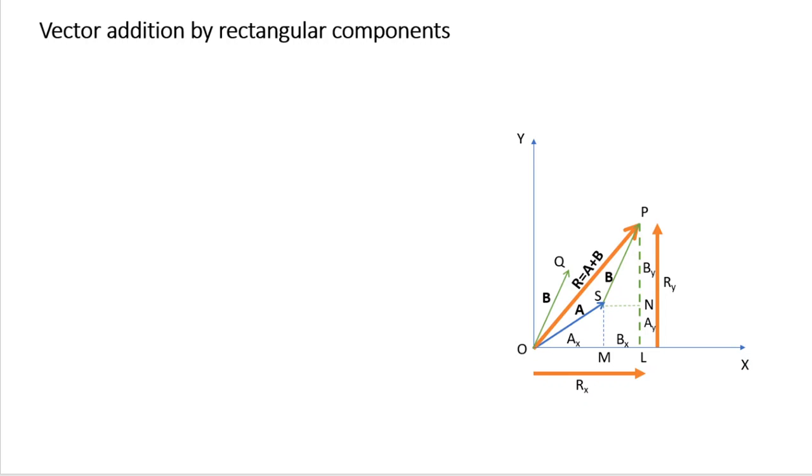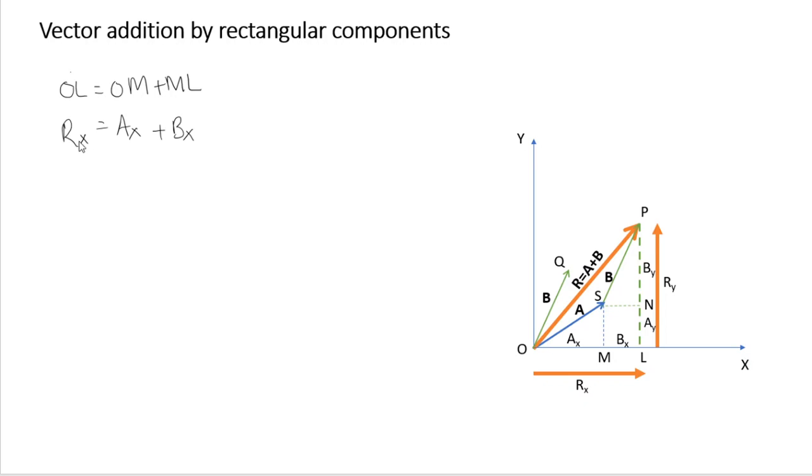So if I write down, you can see in the figure that OL equals OM plus ML, which is the x component of vector A and the x component of vector B. So I can write AX plus BX, where OL shows the resultant vector magnitude.